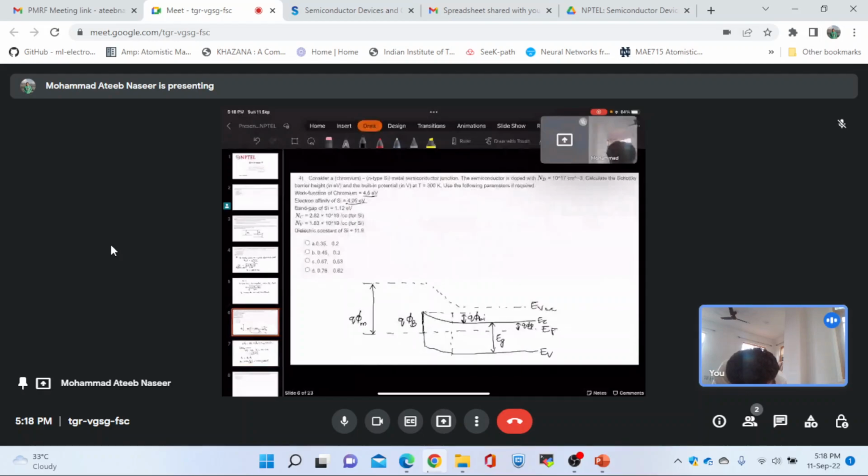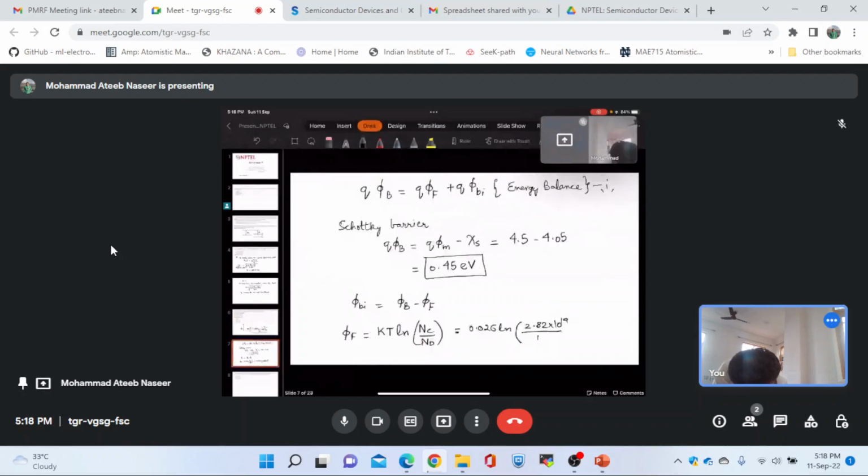Yes, it was 10 raised to power 17. Let me solve this on my calculator. So it comes out to be equal to 0.15.